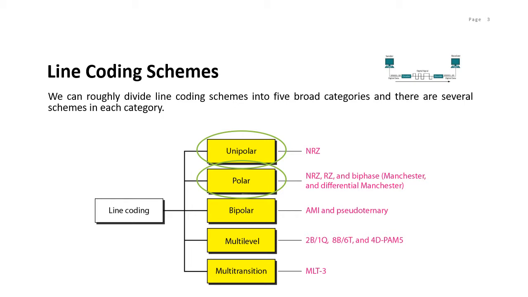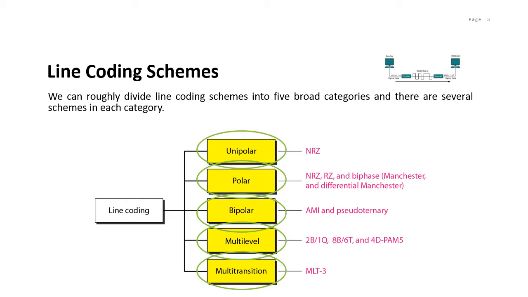And we also have bipolar. Under bipolar, we have alternate mark inversion or AMI and pseudo-ternary. We also have multi-level, 2B1Q, 8B6T, and also the PAM5. And lastly, the last category is the multi-transition, of which one example is MLT3.